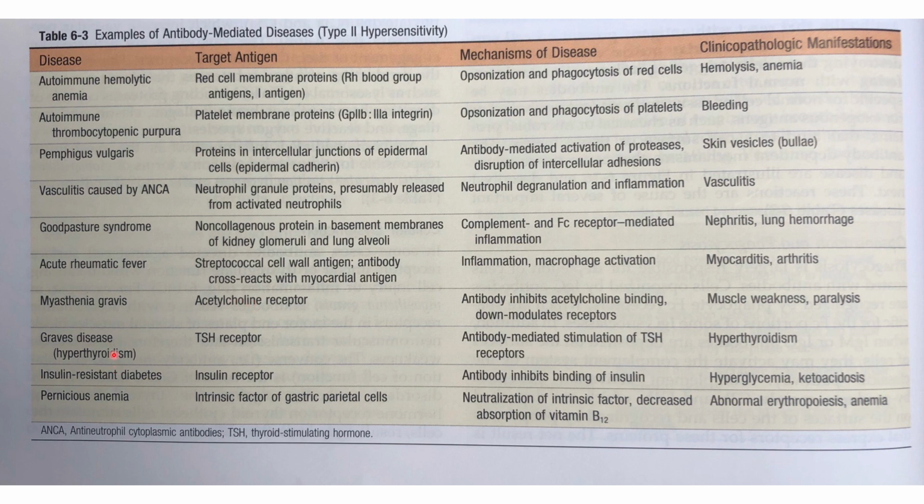Graves' disease, which is a form of hyperthyroidism, has the thyroid-stimulating hormone receptor as its target, with antibody-mediated stimulation of TSH receptors. Insulin-resistant diabetes is manifested at the insulin receptor with hyperglycemia and ketoacidosis, and pernicious anemia involves the intrinsic factor of gastric parietal cells, and this entity is neutralized. You get decreased absorption of vitamin B12 and consequently a macrocytic anemia.